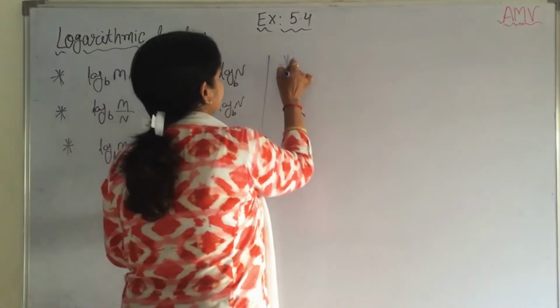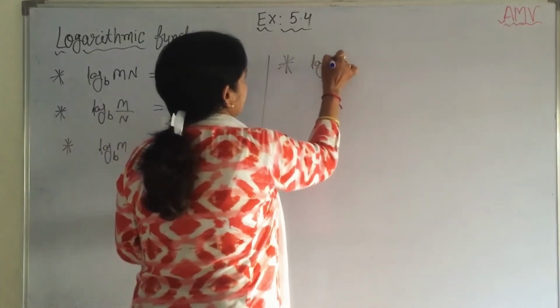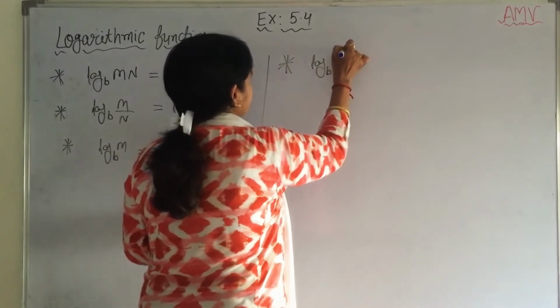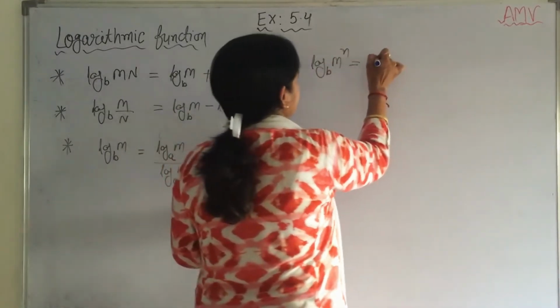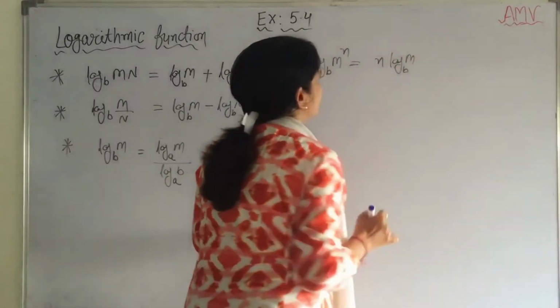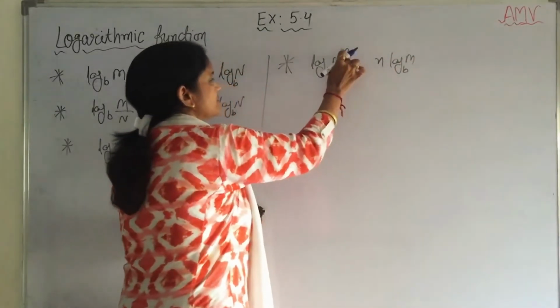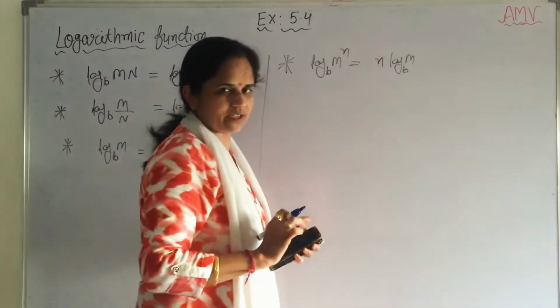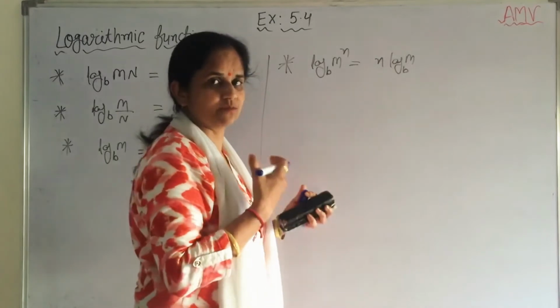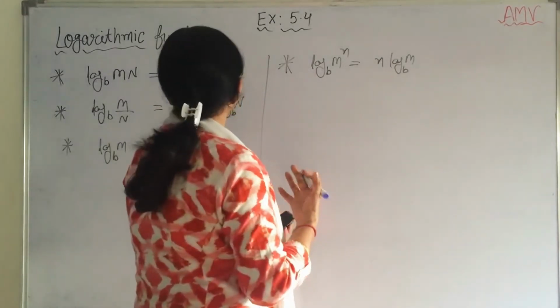Next, log m base b raised to n. It is n log m base b. If n is in the power, then it comes first. So these are the properties or some rules of a logarithmic function.